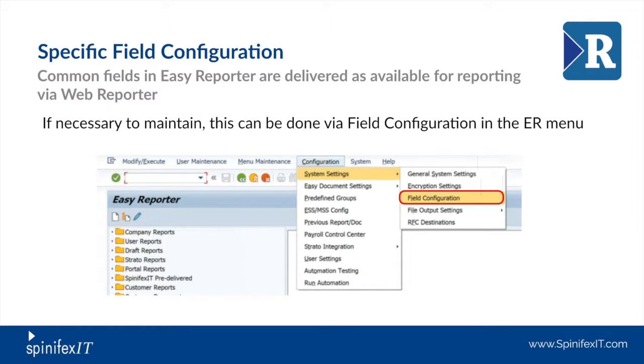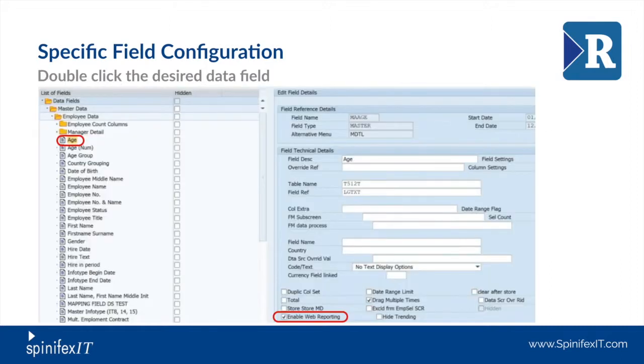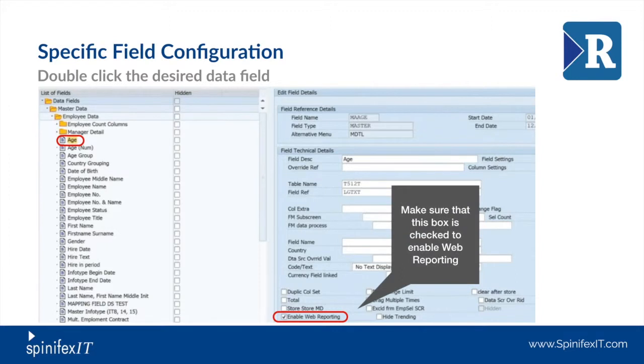Just simply follow the menu path Configuration, System Settings, Field Configuration. Then on the field configuration screen, double-click the desired data field, those would be listed here on the left, and make sure the box is clicked to enable web reporting.